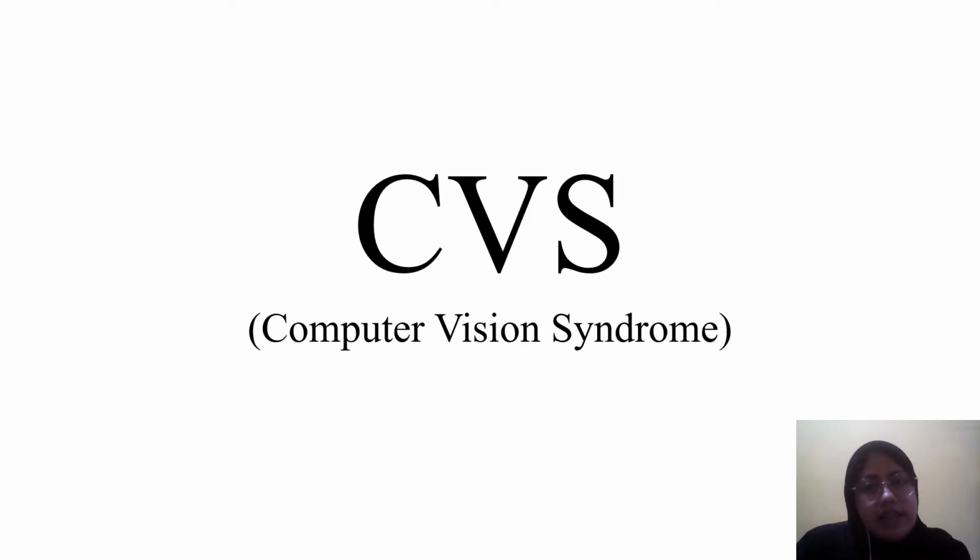In the United States, more than 143 million people use computers every day, 90% of whom suffer from fatigue. CVS prevalence reaches 64 to 90% of VDT users, and it is estimated that worldwide 60 million people suffer from it.